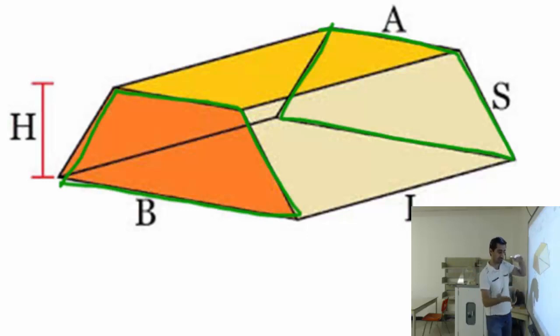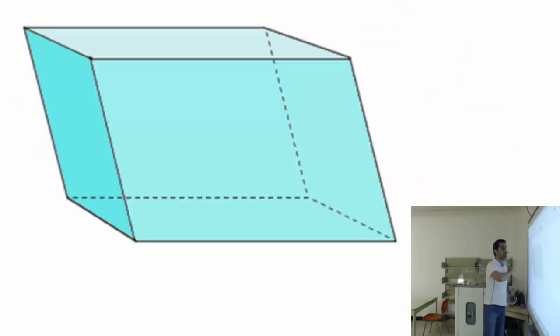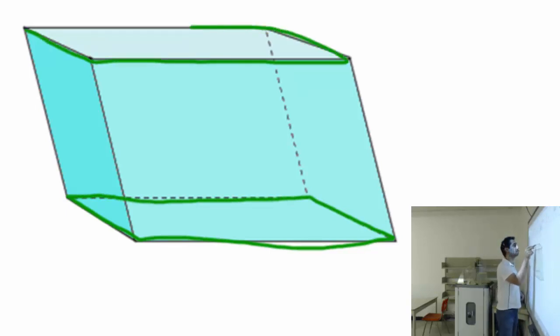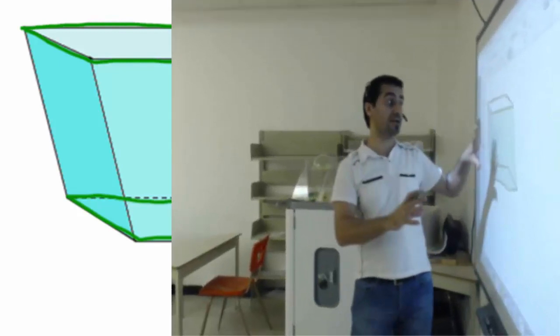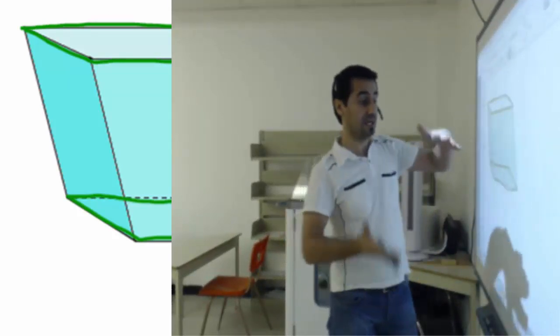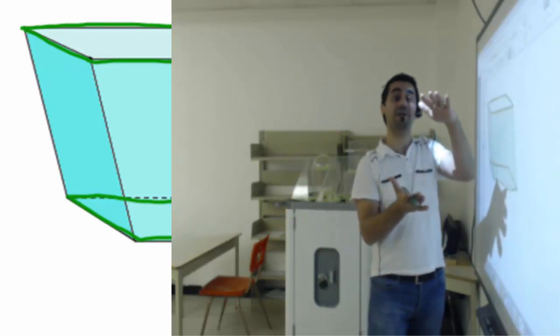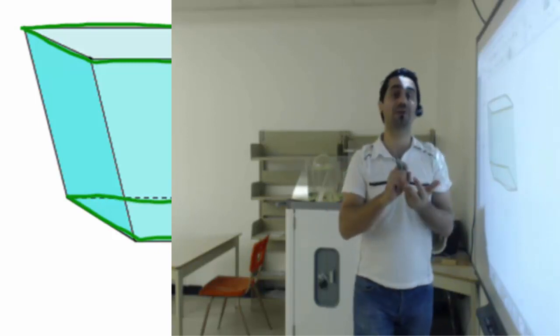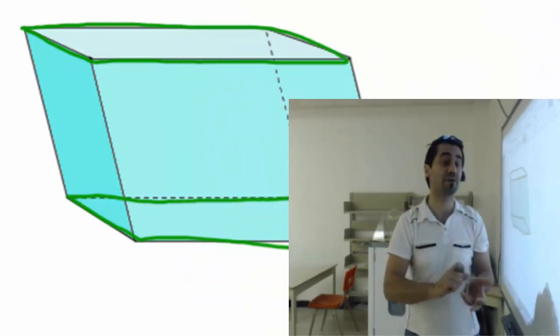You have a trapezoid on the base, a trapezoid on the top, and straight lines go from the sides. This is also a prism. And another 4-sided shape we have is the parallelogram. Over here you have a parallelogram. This is the base. On top you have the same parallelogram. If you get any question like that, that means in the base you are dealing with a parallelogram, so you have to use the parallelogram formulas for the area of the base and perimeter of the base.